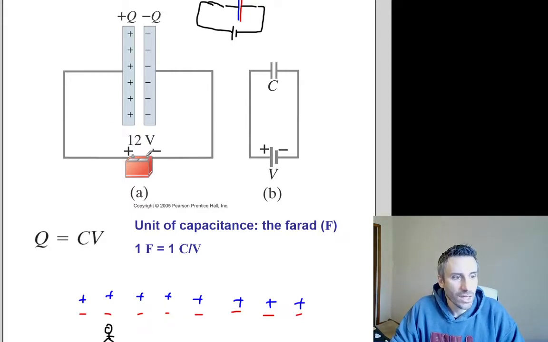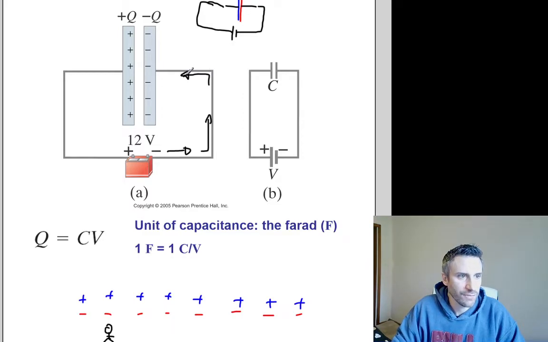Now, the negative end of the battery pushes electrons in this direction, and those electrons go up the wire towards this negative end of the capacitor, and electrons will start to collect on this negative end of the capacitor. So the electrons will collect. And then, as a result, think about what happens to the electrons that are on the other plate.